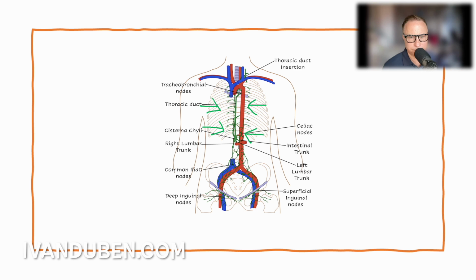Some of them are going to be moving superficially towards the venous angles. Eventually, as the thoracic duct comes up, it's connecting with the venous angles. But it is interesting that it serves as a central conduit for a lot of the deeper lymph that's moving up through the body.